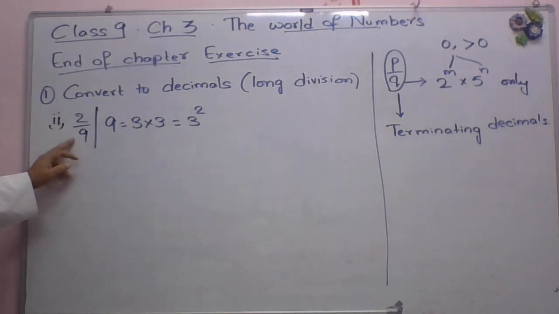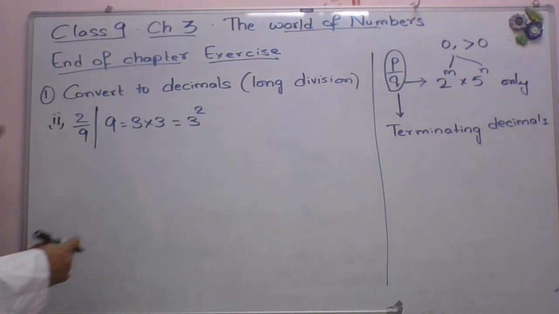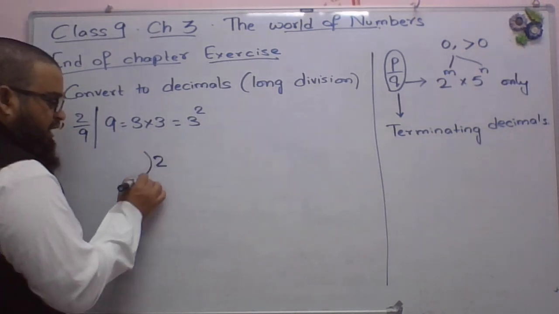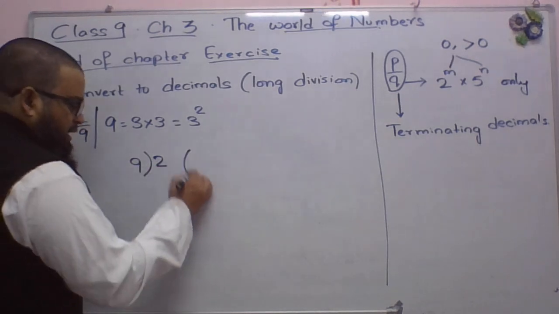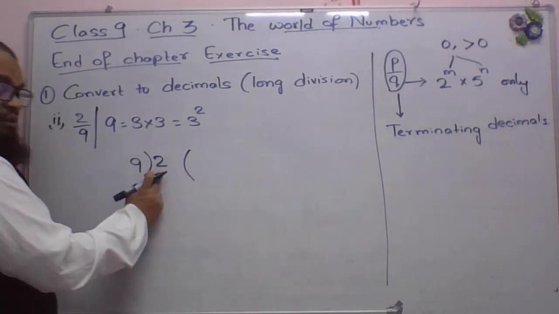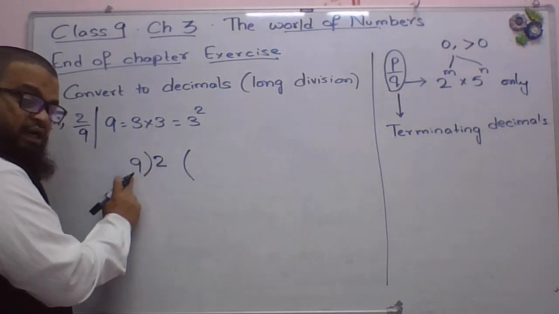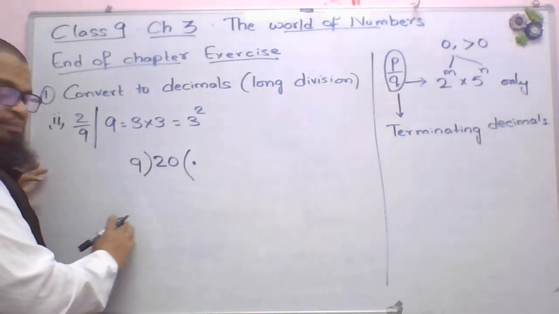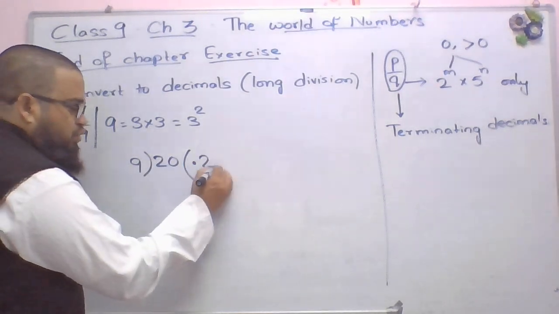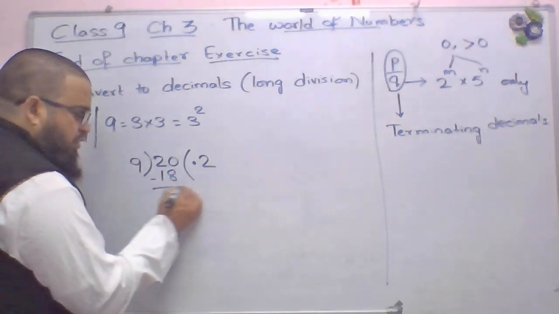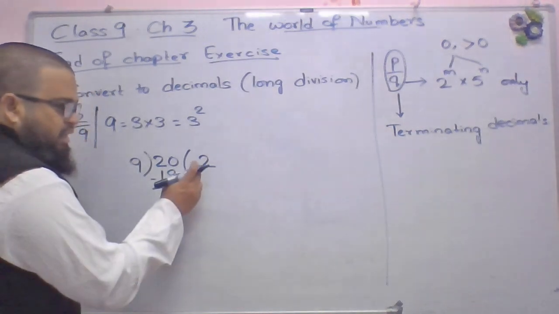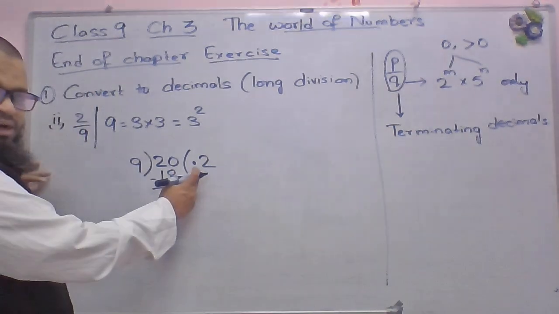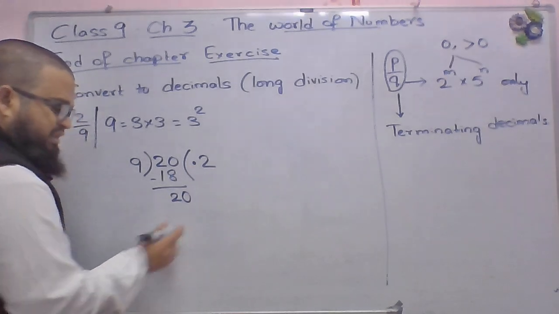Okay, let us see. 2 divided by 9. And now the dividend is smaller than the divisor. So keep a point and it will become 20. And how many times? 9 2s are 18. Now what is the remainder? 2. And since we have already kept a decimal, you can borrow 1 0.